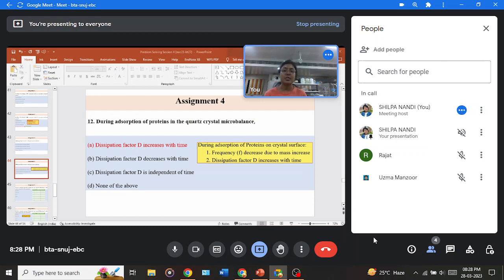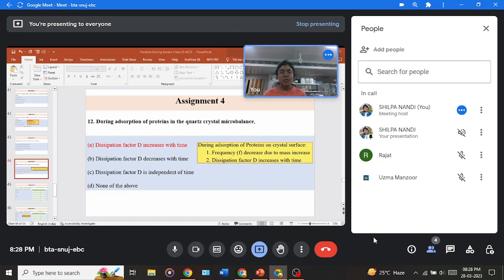You must see how the frequency changes due to the mass increase, or how the dissipation factor changes with respect to time. As time increases, the dissipation factor D increases, and if there is a mass increase, there will be a frequency decrease. So F is inversely proportional to the mass, and D is directly proportional to the time.